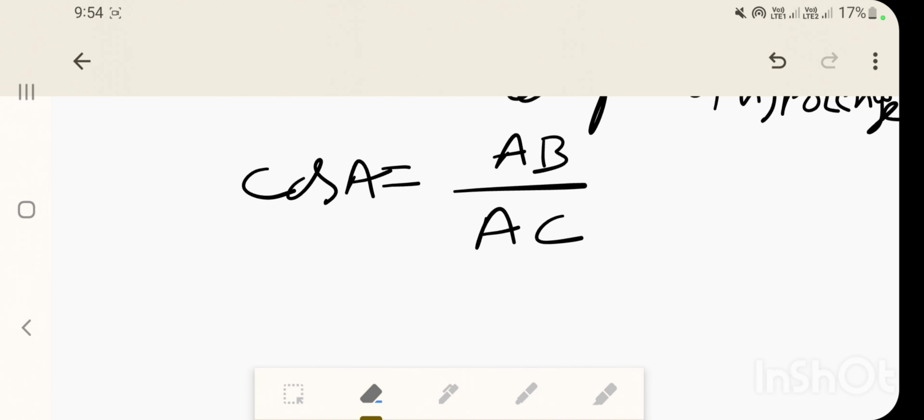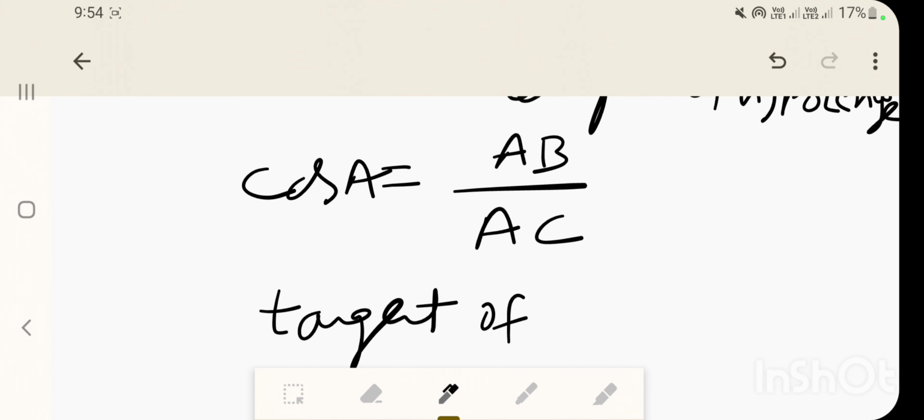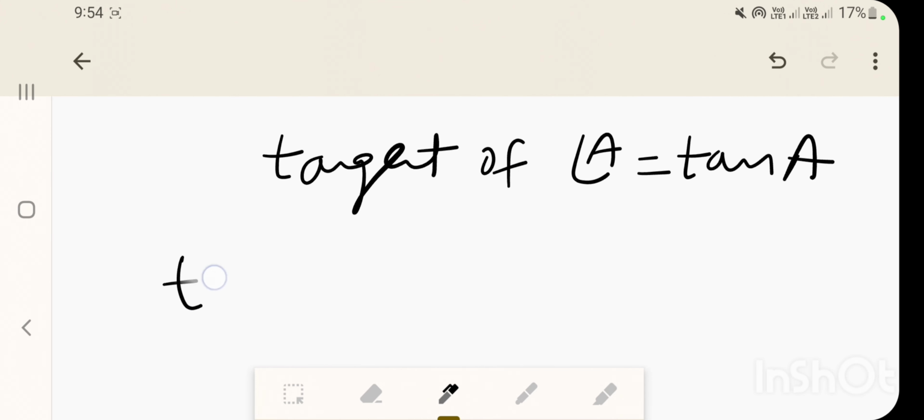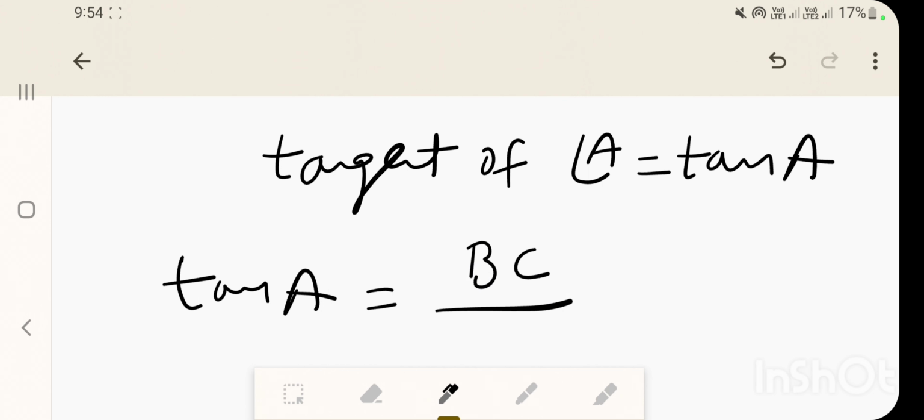Another ratio we have is the tangent of angle A, or tan A. Tan A is defined as the length of the side opposite to angle A, that is BC, divided by the length of the side adjacent to angle A, that is AB.